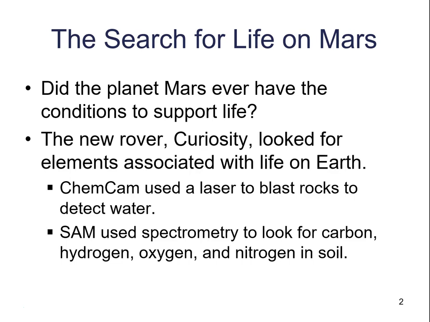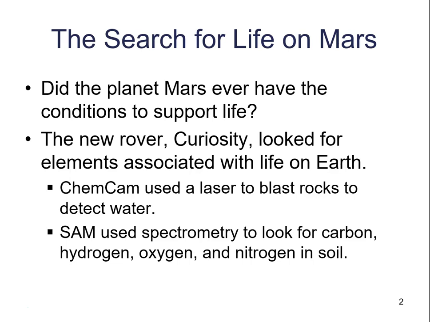What this rover is doing is that one part of it can laser blast rocks to see if there's water there, because as you know, water is necessary to sustain life.